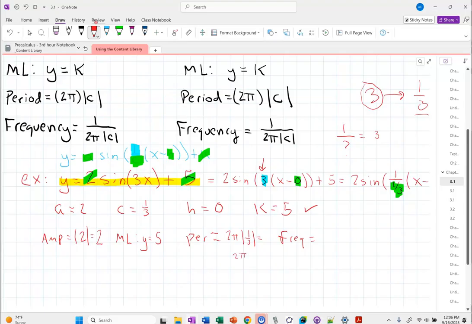Well, it'll just become 2 pi over 3, right? Did I lose anybody with how I multiplied fractions there? And the frequency, how's that related to the period? It's the reciprocal of the period, so I'll just write that as 3 over 2 pi.